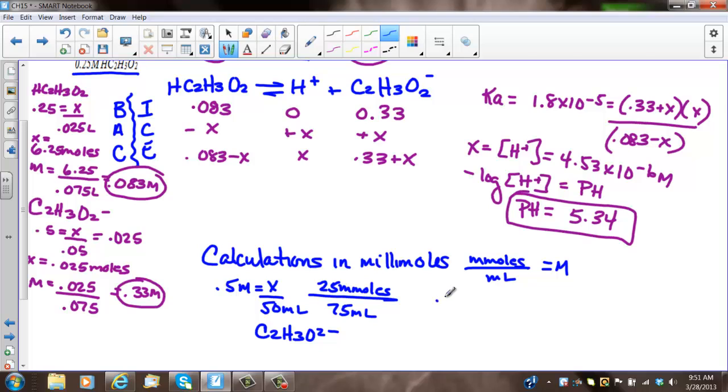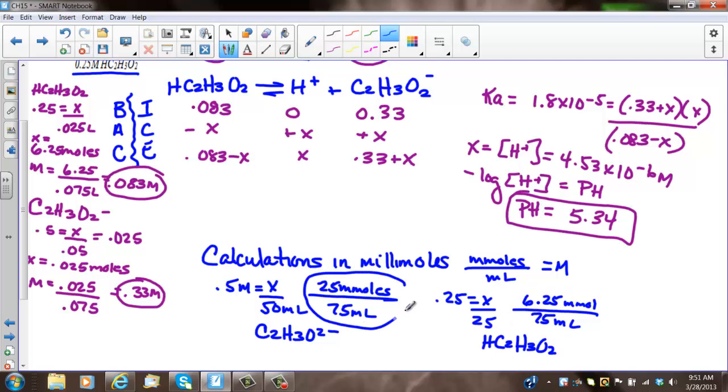So I've got 0.25 equals x over 25, which is going to give me 6.25 millimoles over 75 milliliters. And this is my acid. So I'm going to use this to show you how it saves some time.